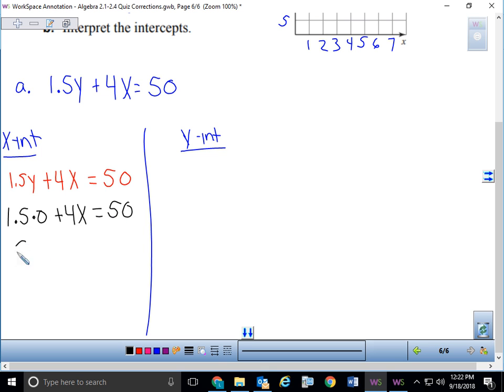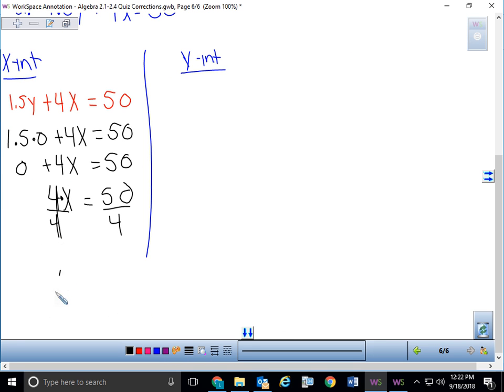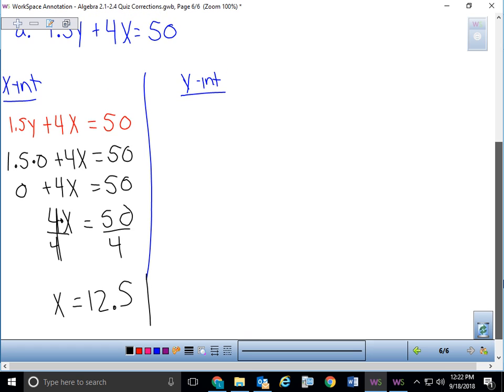Anything times 0 is 0, plus 4x equals 50. 0 plus 4x, that's just 4x, equals 50. And then we're just going to do some division. It's not going to come out perfect, but that's okay. So I'm undoing the secret operation of multiplication with some division. This tells me my x-intercept is actually 12.5. So I'll graph that shortly here.